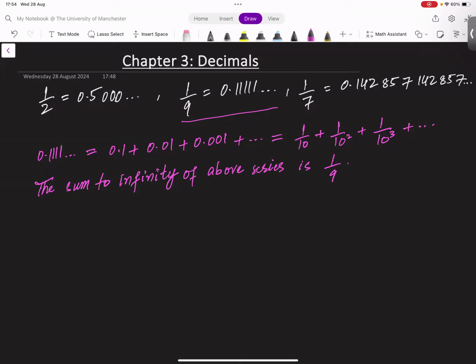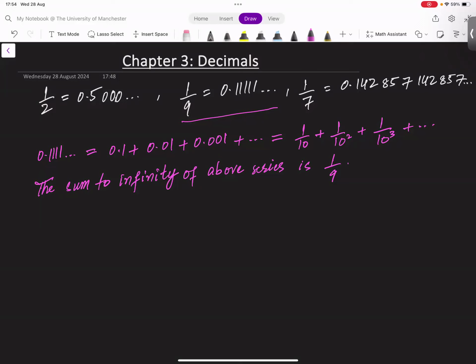To make this absolutely precise would require us to go into the concept of limits and convergence, which we shall do much later in chapter 23. For now, I hope the meaning is reasonably clear.